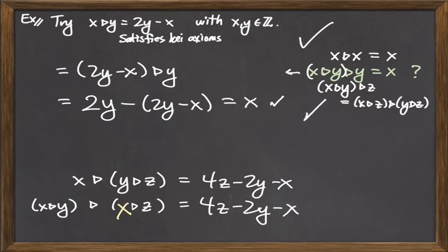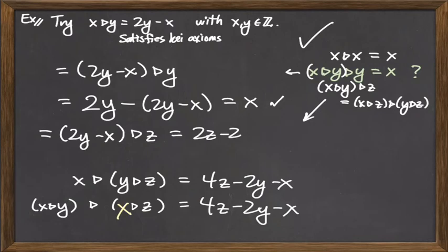And just because I want to be thorough, x triangle y triangle z is going to be 2y minus x triangle z. That's going to be 2z minus 2y plus x, right? And on the other hand, x triangle z triangle y triangle z is going to be 2z minus x triangle 2z minus y.